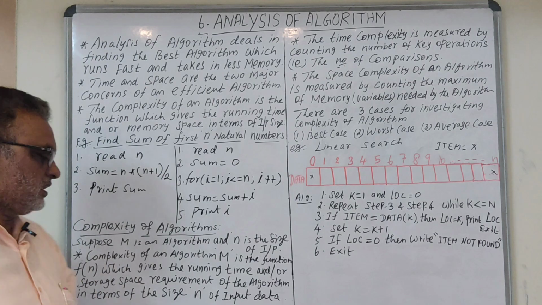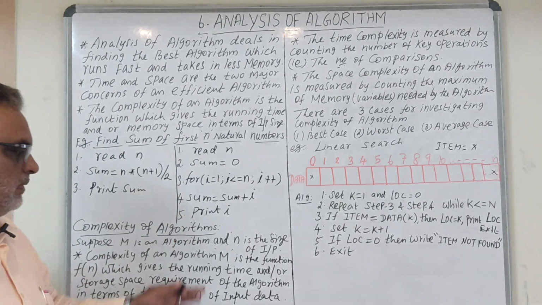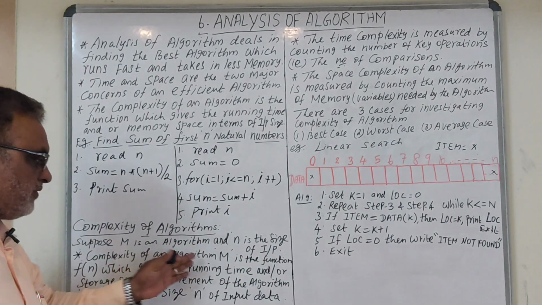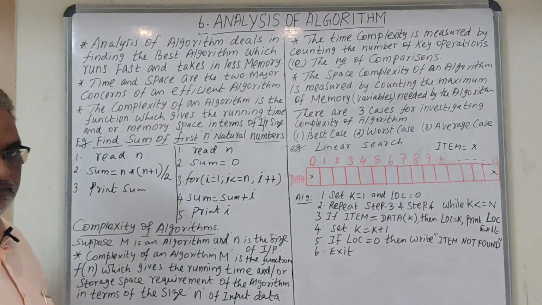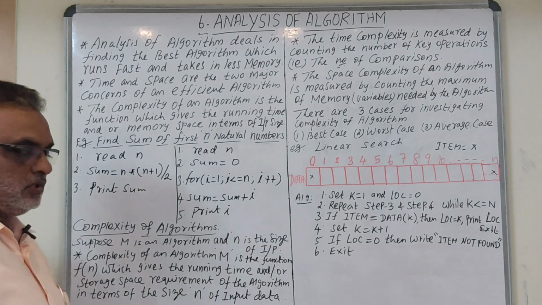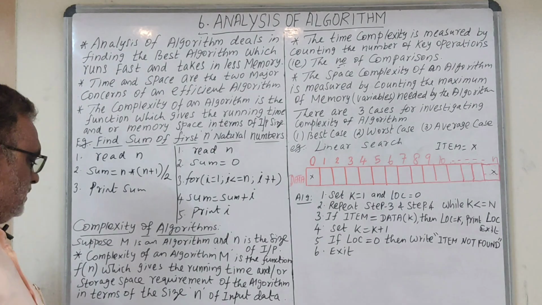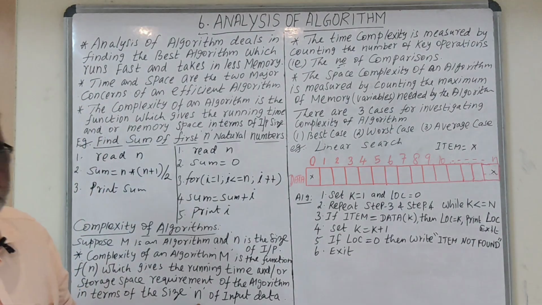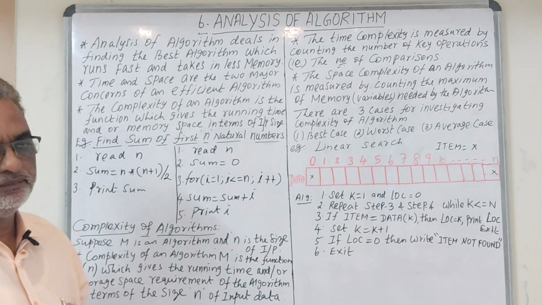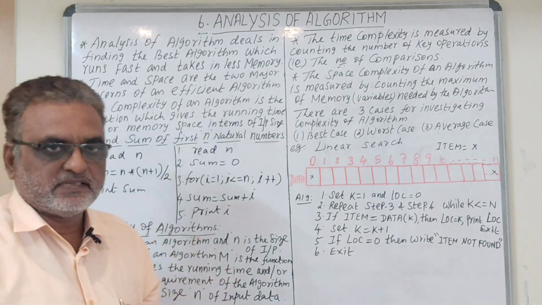As far as the complexity of algorithms is concerned, suppose m is an algorithm and n is the size of the input. The complexity of algorithm m is the function f of n, which gives the running time and or the storage space requirement of the algorithm in terms of n, the size of the input data. Depending upon the input data, the time increases.